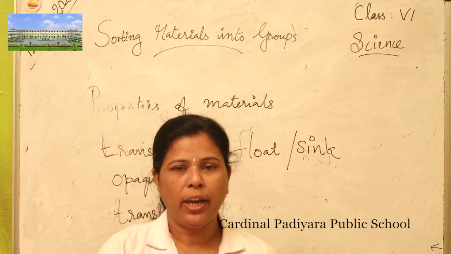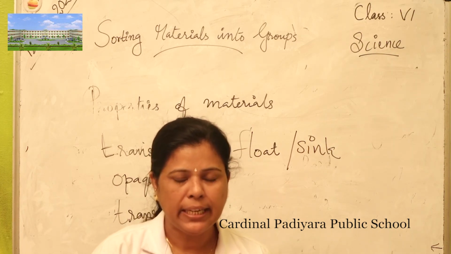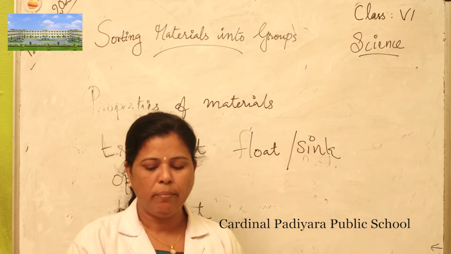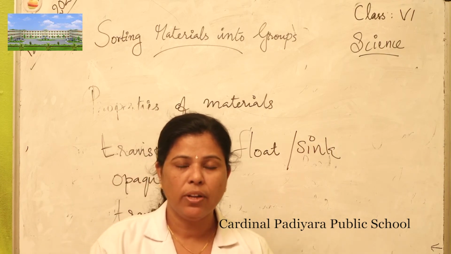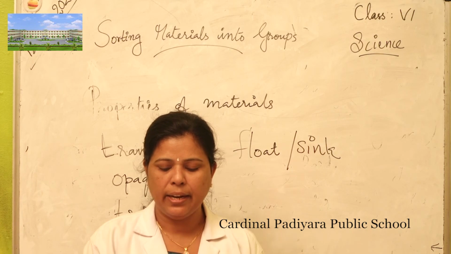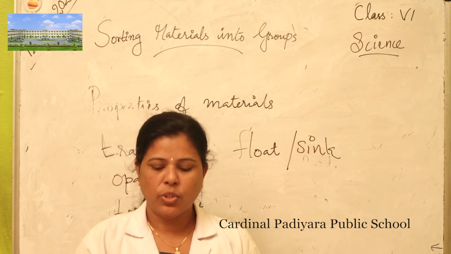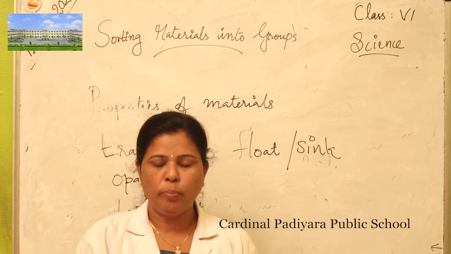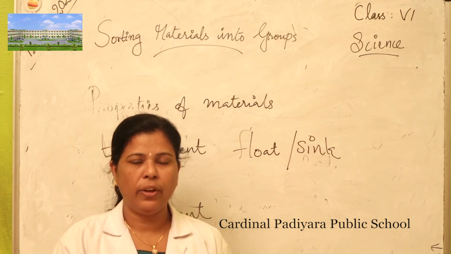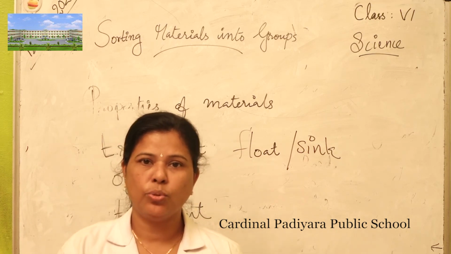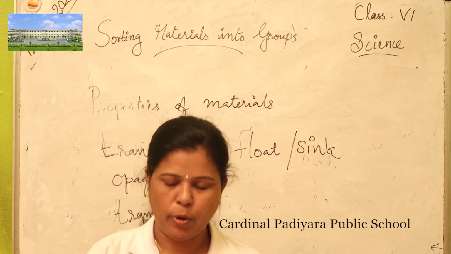So how can we classify materials? We can classify materials on the basis of similarities and differences in their properties. So things are grouped together for convenience and to study their properties.